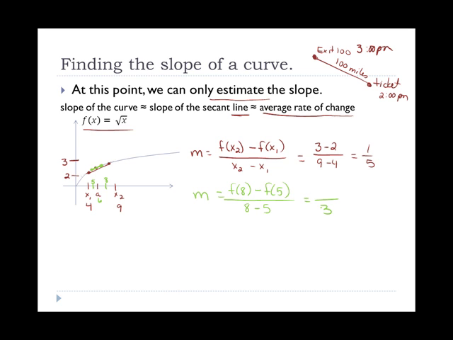So we need to estimate the square root of 8, which is 2.83. And this is going to be an estimate because these aren't exact. And the square root of 5, which is 2.23. And so we subtract that. We get 0.6 divided by 3, which equals 0.2, which equals 1/5.